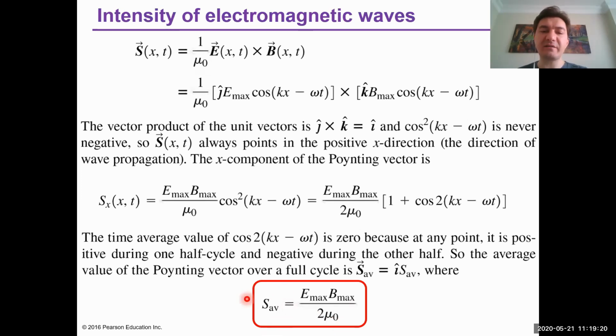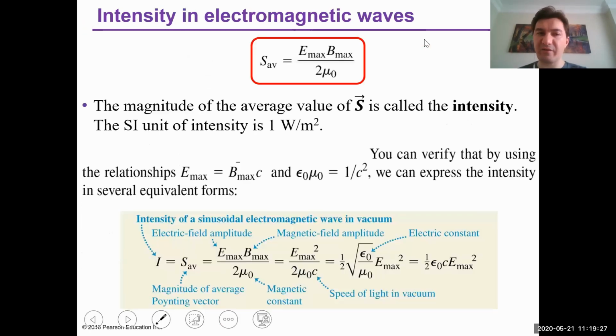So what is this? This average value of the Poynting vector is the intensity of electromagnetic waves. Intensity of an electromagnetic wave is given by the magnitude of the average Poynting vector with that expression. You can also write that intensity in different forms. We know that E max is equal to B max times c.